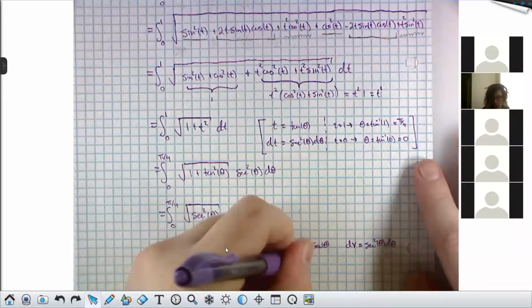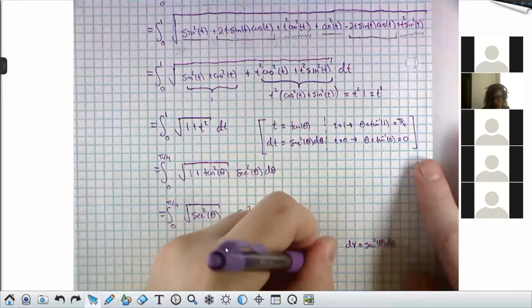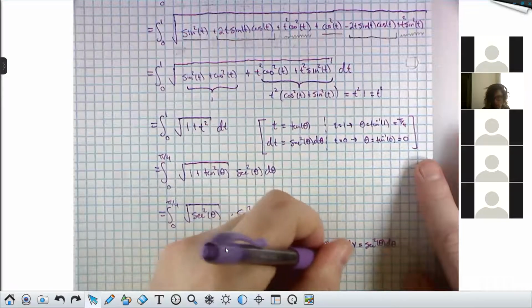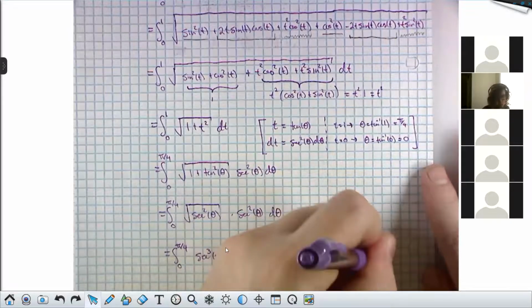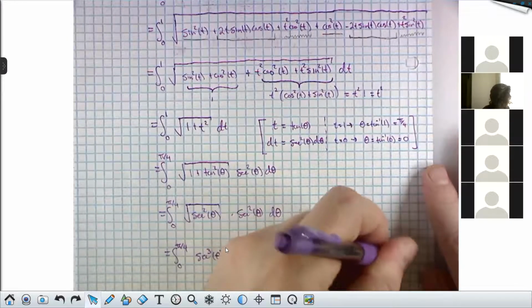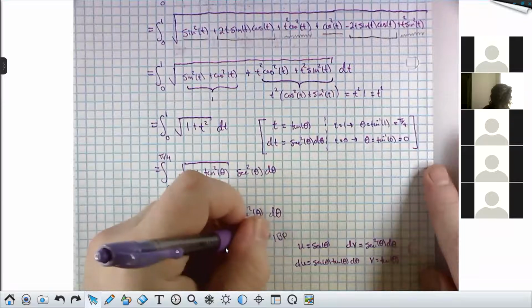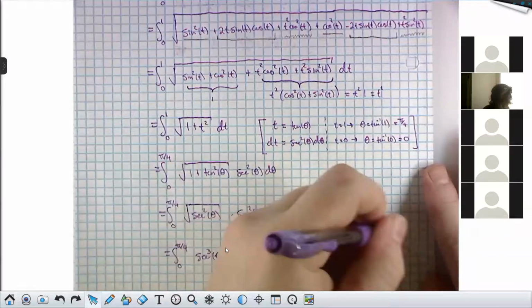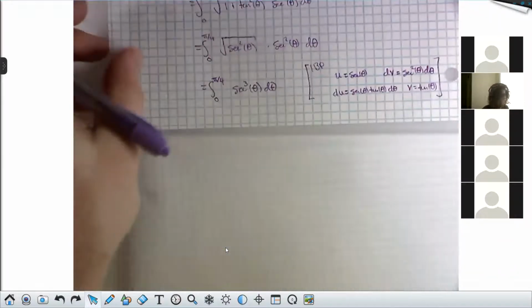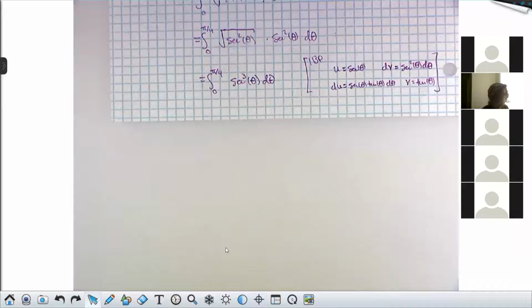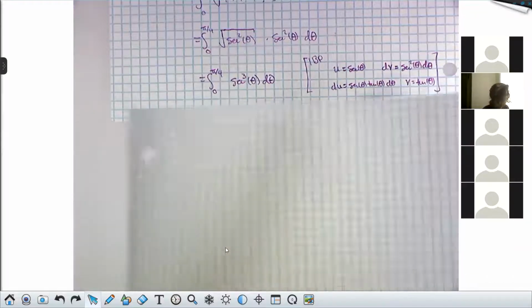I'm not going to go through all of this. du is secant theta tangent theta d theta, and v would be tangent theta. It's a looping IBP. It's not even a regular IBP. It loops. It's quite hard. And the result, oh, we'll go through it. Oh, no, we got other stuff to do today.